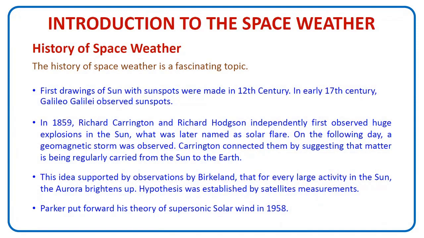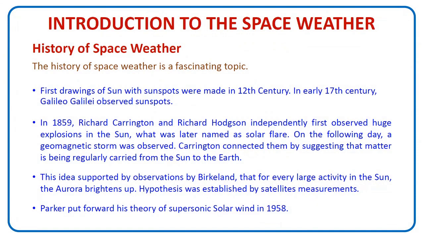Those sunspots have always been a topic of curiosity for human beings, particularly scientists, as to why they occur. Now in 1859, Richard Hodgson independently observed huge explosions on the sun, which were named solar flares.